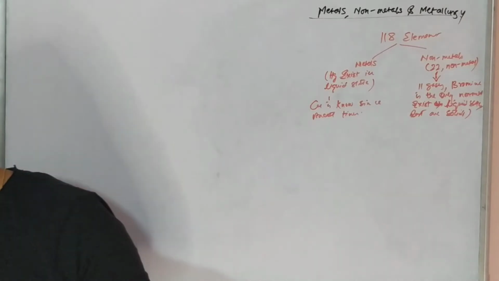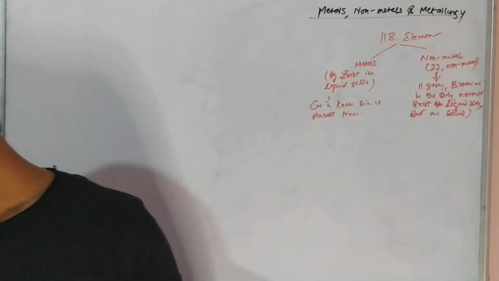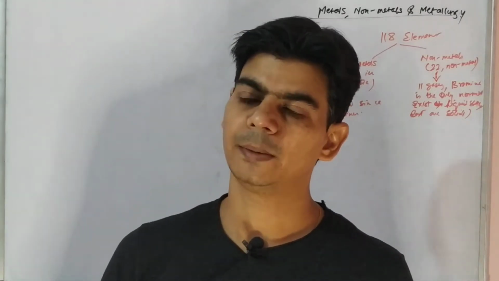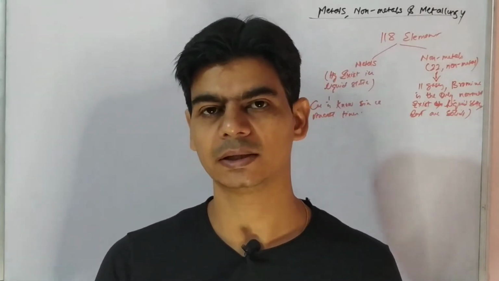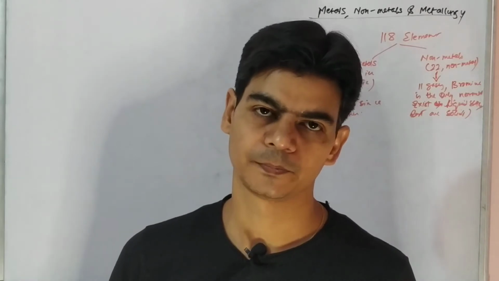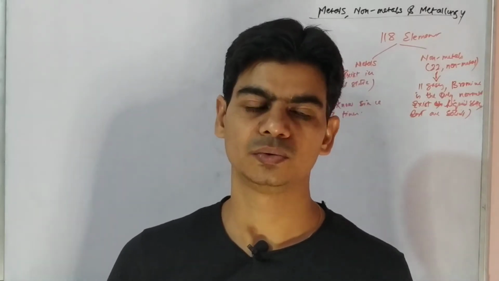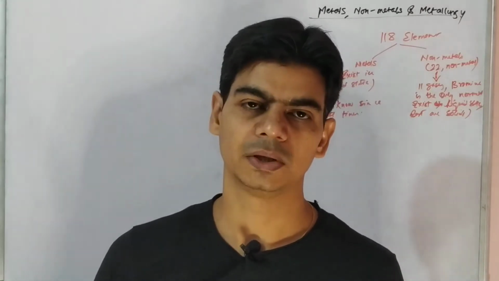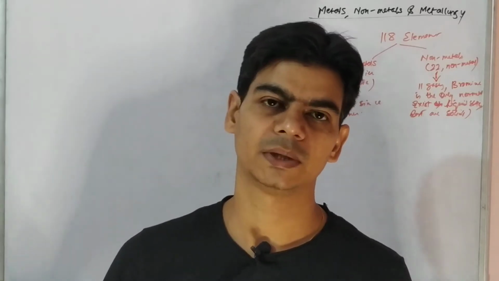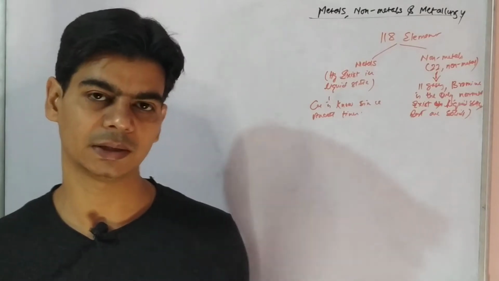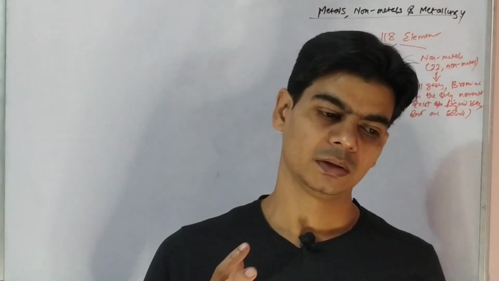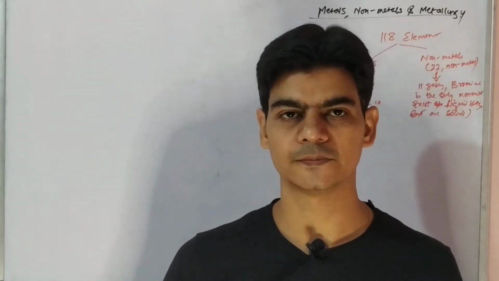Similarly, if you remember the previous chemistry, metals have been used as catalysts in various reactions. Like iron has been used as a catalyst, and molybdenum has been used as a catalyst in various reactions. All these are metals which are used as catalysts. And there are some metals that have biological importance as well.